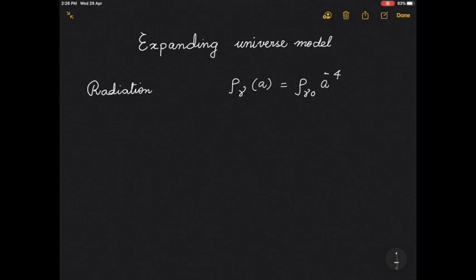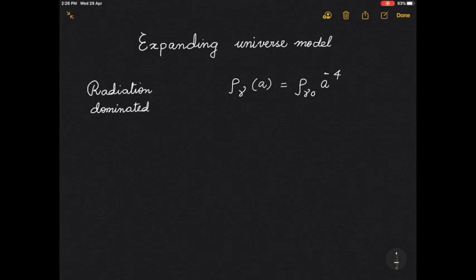This goes like this. So let us look at our universe, which has only radiation. This is just for academic purposes. We'll try to understand what happens if the universe is filled up with only one component at a time. So we talk about only radiation, and we call it a radiation dominated universe.